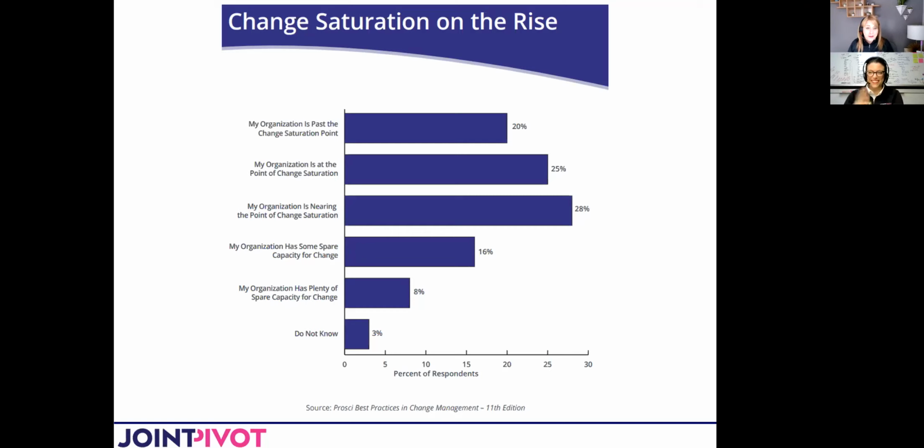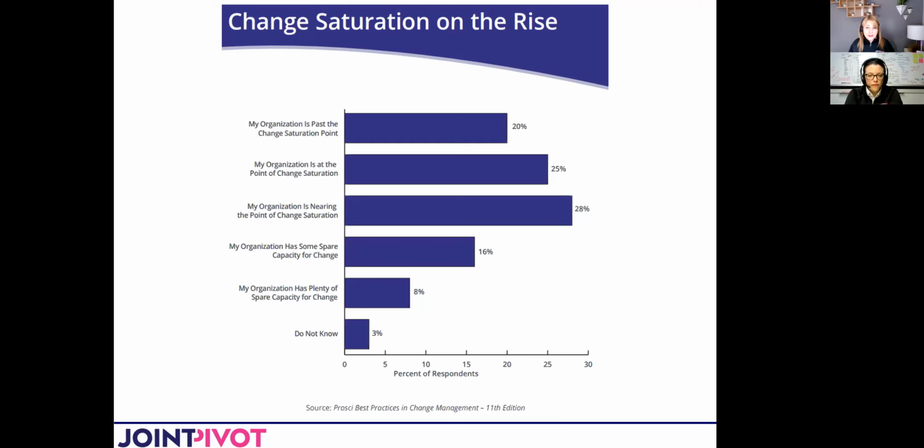So we were just talking about the fact that change management and change saturation is really on the rise, which is why our messaging needs to be that much more impactful, because we're fighting with other changes at this point. We have people who are at the max of their capability to change. So we have to do an even better job above and beyond where we thought we needed to be a few years ago.